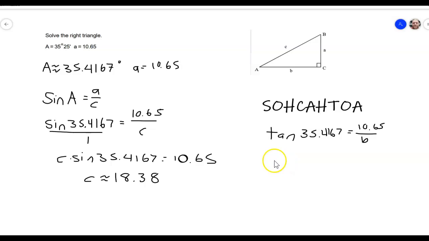I'm skipping a couple of steps because I'm running out of room, but we cross multiply and divide.